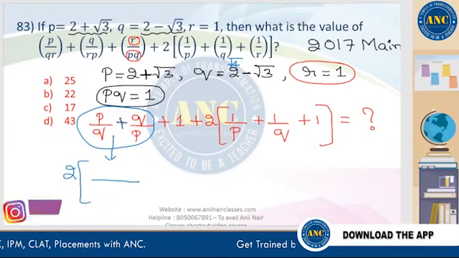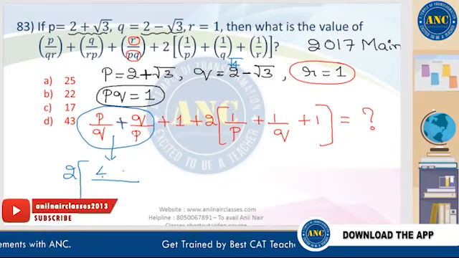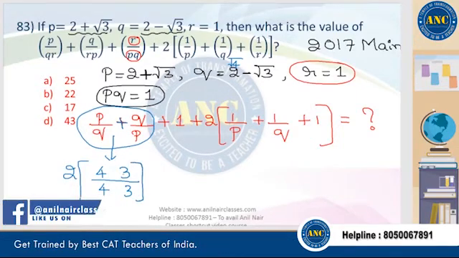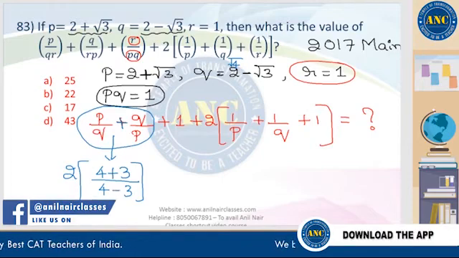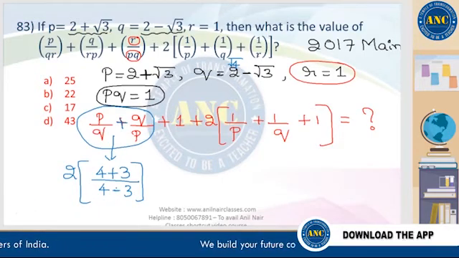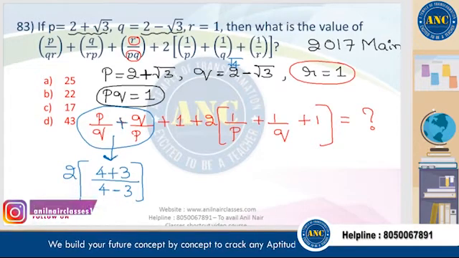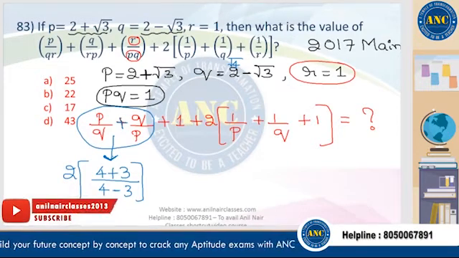Don't worry about the sign. Just write the same thing. 4 and 3, and denominator also 4 and 3. Numerator is always addition, denominator is always subtraction. This kind of problem we have solved so many times, sir. Don't expect me to teach you again and again all these things. Never ever forget the past that we have taught you people.